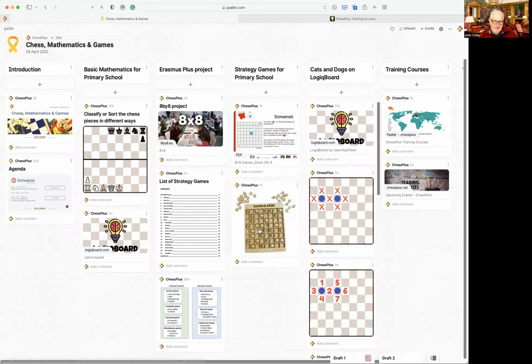It's also suitable for children who have got problems with their vision, and blind children are able to play on this board. Okay, so let's now look at this game, Cats and Dogs, on the Logiqboard.